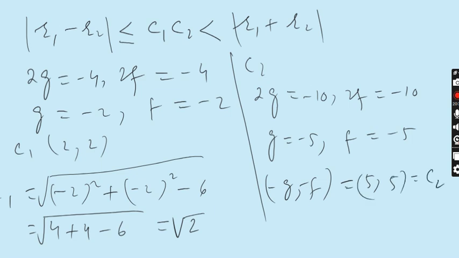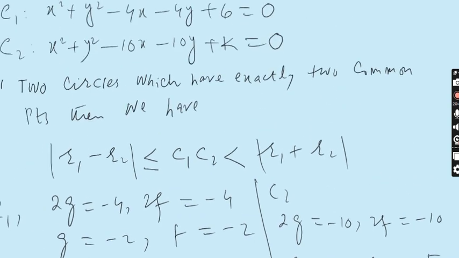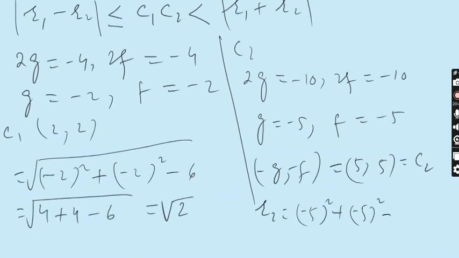This is the center of C2, and the radius R2 is root of g square (minus 5 square) plus f square (minus 5 square) minus c. What is the constant from C2? It is k, so minus k.